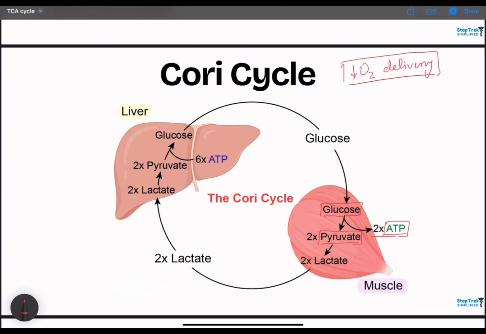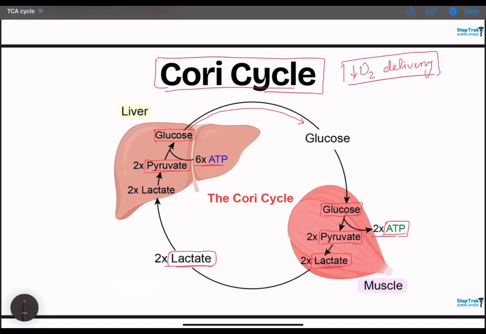The pyruvate is converted into lactate. Then the lactate is released into the bloodstream. This lactate can enter the liver where it is converted back into pyruvate, and from pyruvate it can go on to develop into glucose, or perform gluconeogenesis using ATP, and thus this glucose can be again released into the bloodstream to enter the muscle cells. So this was all about the Cori cycle.